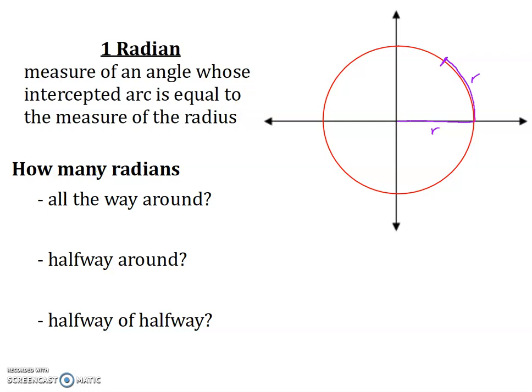So what a radian is, if I draw an angle from the center, this angle right here, that is 1 radian. I'm going to call this theta. We use theta to abbreviate angles a lot. We pretty much always measure angles from the x-axis. So from the x-axis to this line at that first radius mark, that is the equivalent of 1 radian.